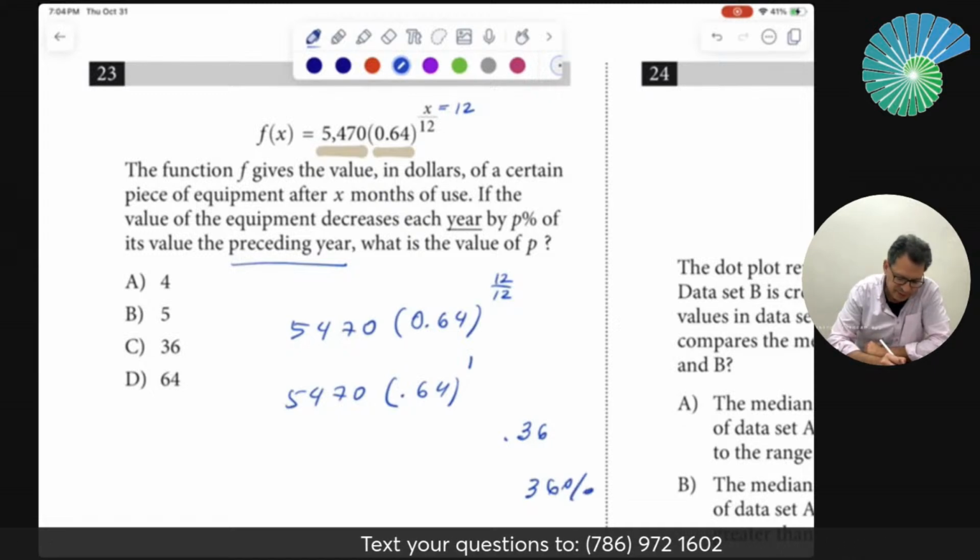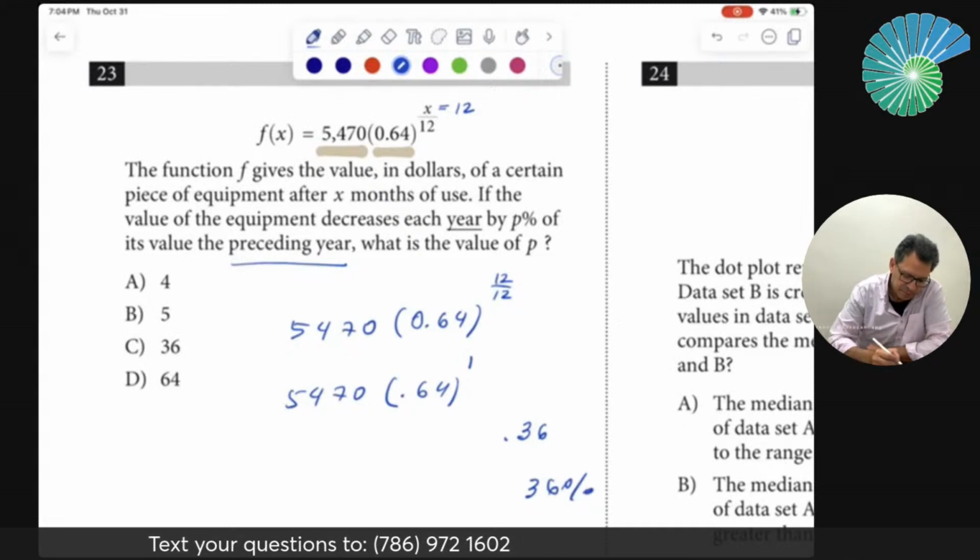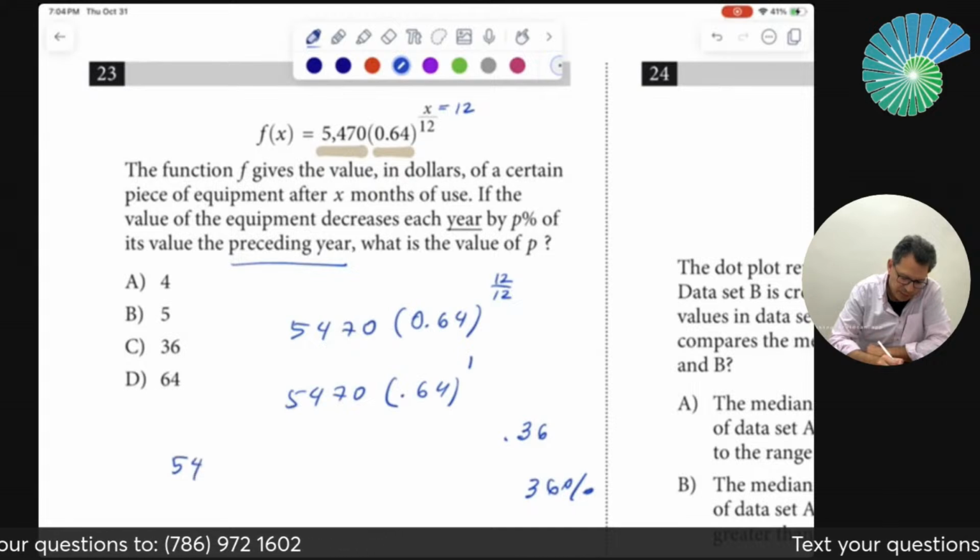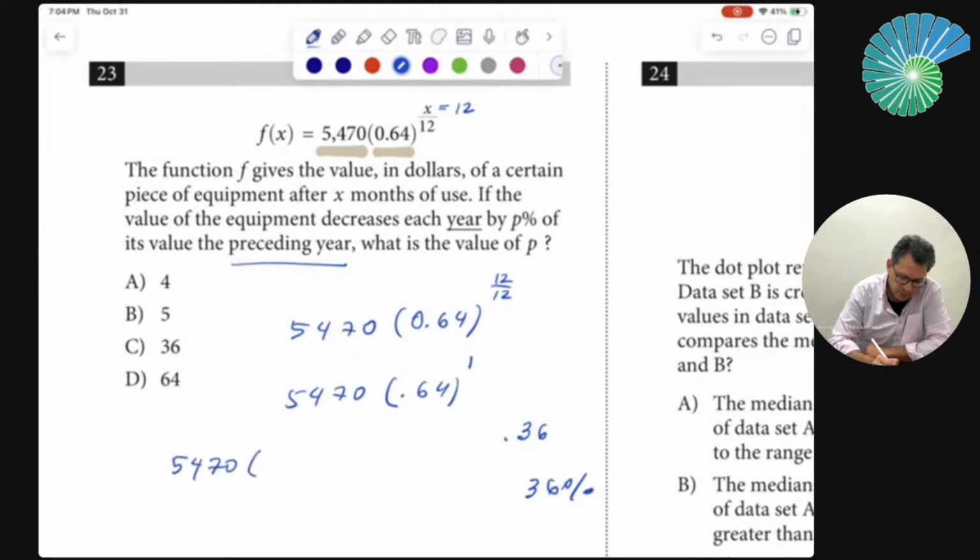Why is that? Well, remember that when you decrease an amount, you multiply that amount by, sorry, let me just delete this point here. You multiply the amount by 1 minus the percent that you're taking away.